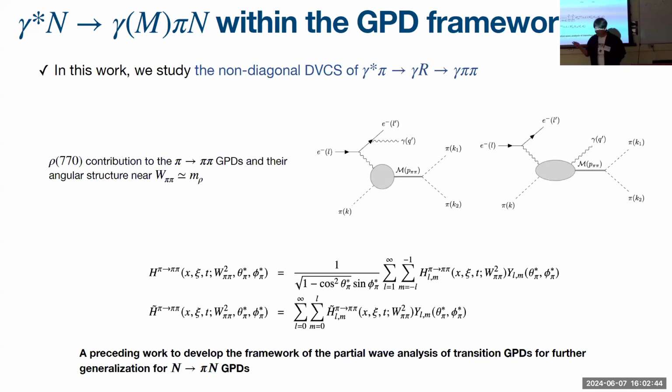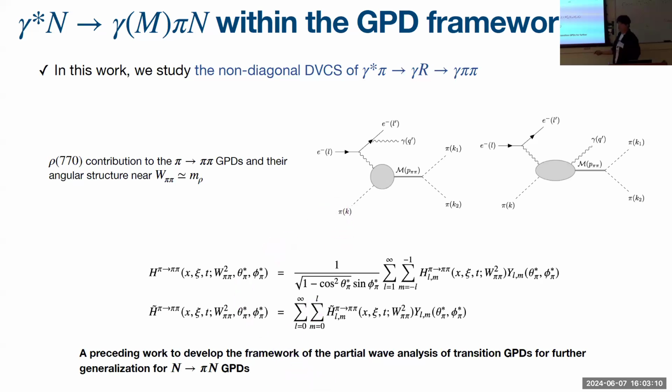This N to N pi study is very complicated mathematically. So first, we focus on a toy model involving only spinless hadrons, which is the pi to 2 pi GPDs in a certain resonance state. This can be a kind of precedent work for developing the framework for hadron resonance spectroscopy.